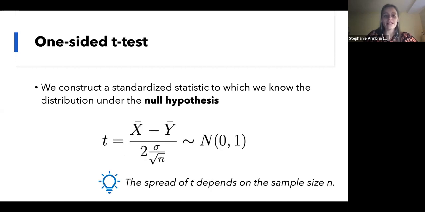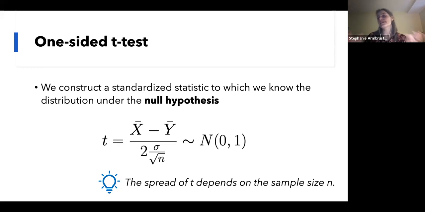Great. So let's get to the important thing, the one-sided t-test, which is a very common way of actually putting statistical evidence to our hypothesis. We construct this standardized statistic, called the t-test statistic, and the important thing is that we know its distribution, which just means we know how it should behave given our null hypothesis, because our null hypothesis told us delta is 0.